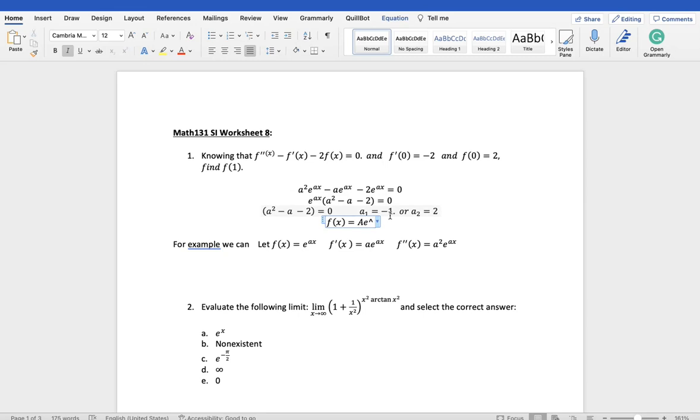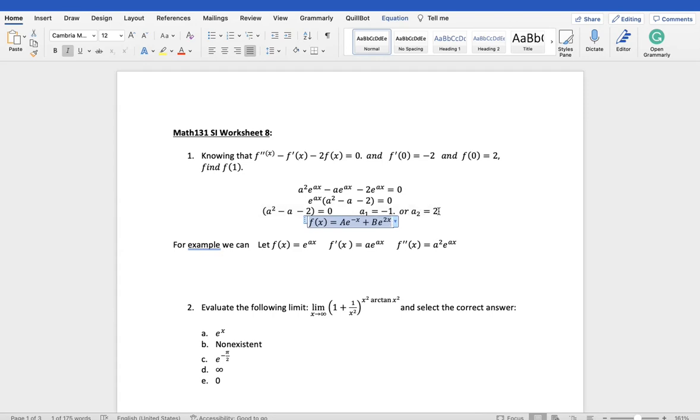So multiplied by e to the minus x, right? That's the first value of a, plus some constant b, multiplied by e to the 2x, because the second value of a is 2, right? So this is sort of like the general form that the function f of x has to have, right?